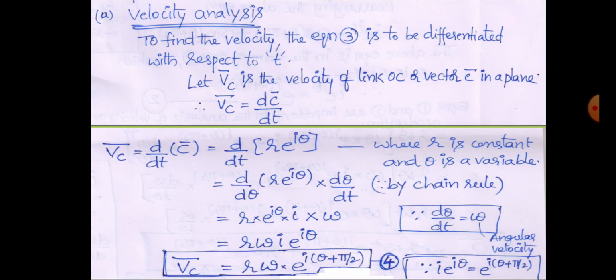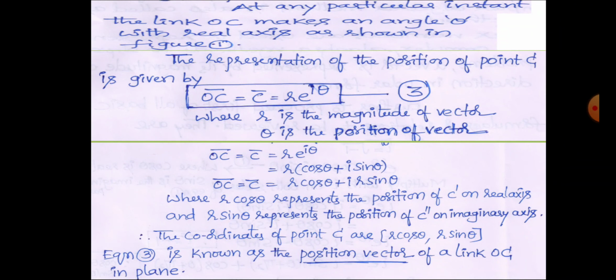Now after finding the position or displacement of any vector, I can further find the velocity. Therefore next is velocity analysis. To find the velocity, equation 3 is to be differentiated with respect to time. Why? Because, as I just told, equation 3 is the position vector, or displacement vector, of link OC.